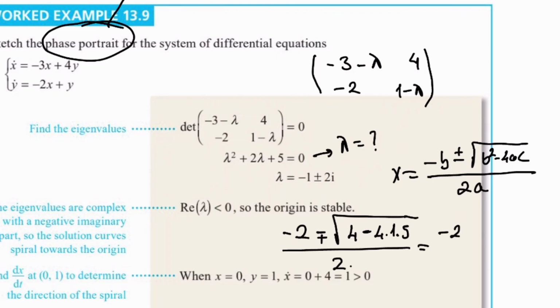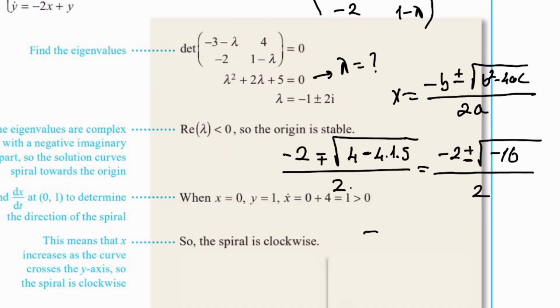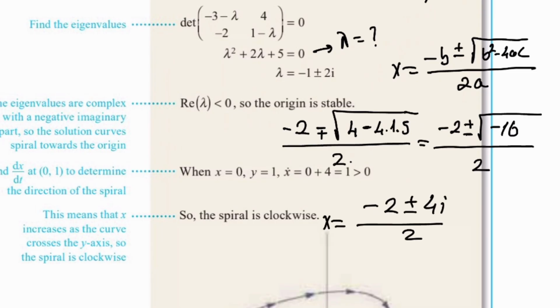So minus 2 plus or minus the root of 4 minus 20, minus 16, right? Divide by 2. So guys, this one is 4i, right? Because this one goes as 4 and, since there's a minus, we should write i. So this is 4i. Minus 2 plus or minus 4i divided by 2, and these are the lambdas. If you divide by 2, it's going to be minus 1 plus or minus 2i.